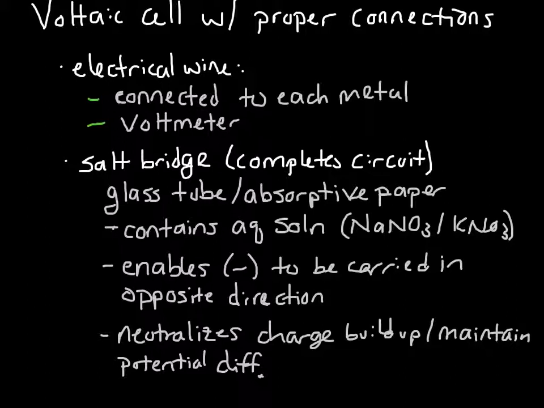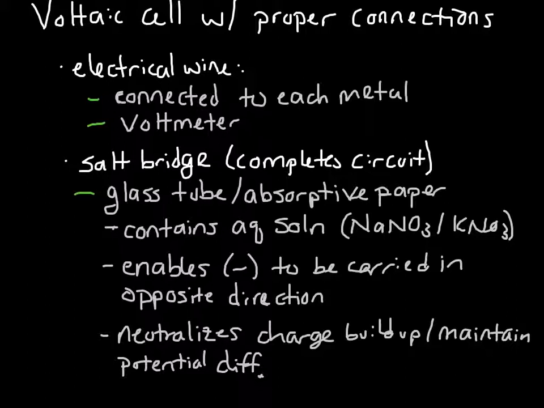But that is just allowing a one-way circuit, and eventually that circuit's going to die because all of the anode has emptied out its electrons to the cathode. So how can we close the circuit and keep the circuit going? Well, the last piece we need is the salt bridge. This could be a glass tube if you're in a nice lab, or for us it would be absorptive paper like filter paper.